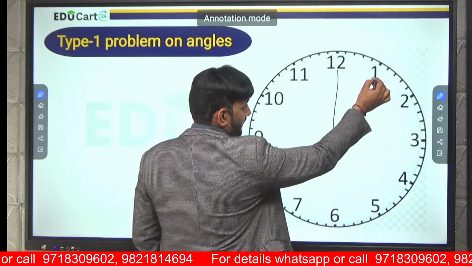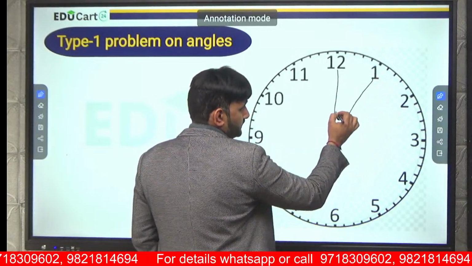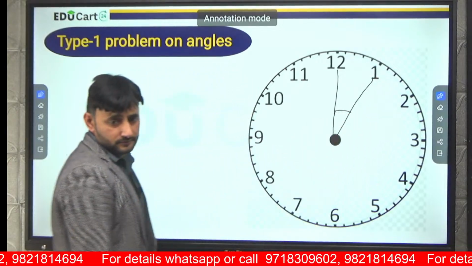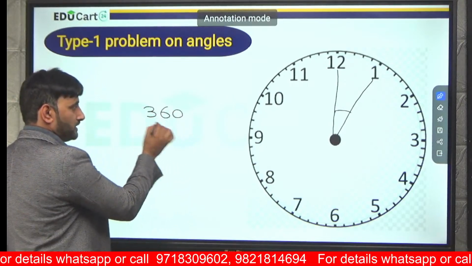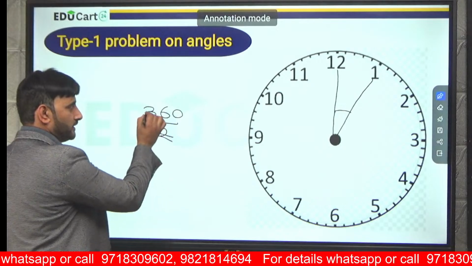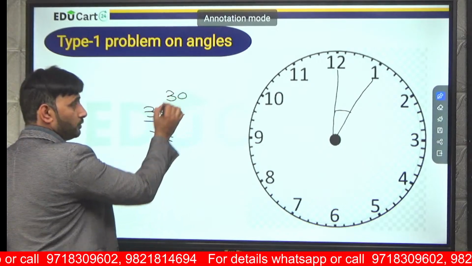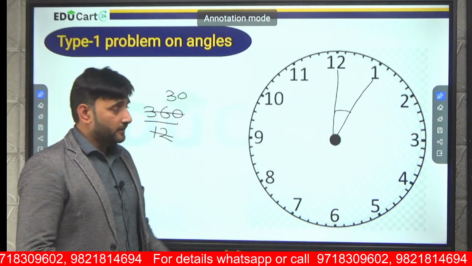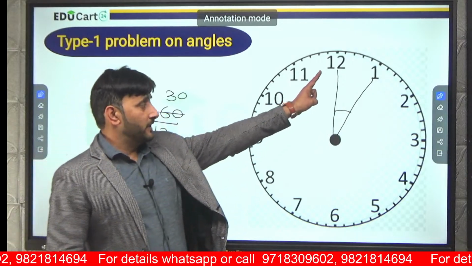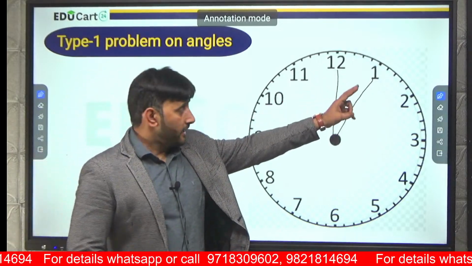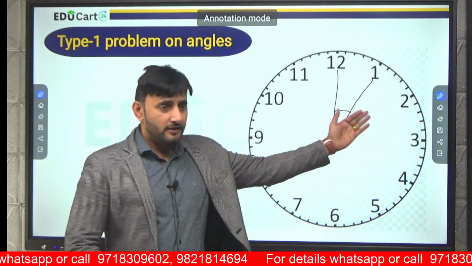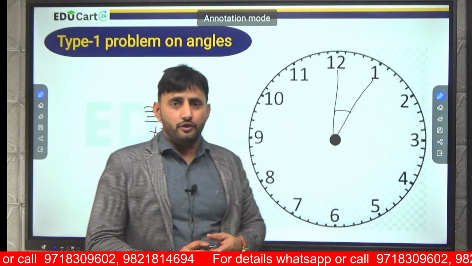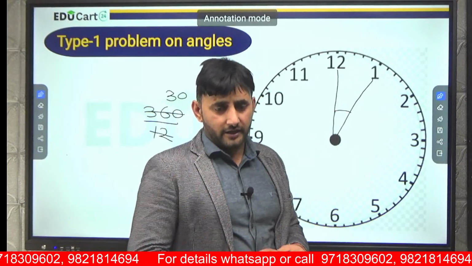So what is the value of one part? 360 degree angle divided into 12 parts, one part will be equal to 30 degree. I hope it is clear. Fine. So can I say the angle between 12 and 1 is 30 degree, angle between 1 and 2 is 30 degree, between 2 and 3 30 degree. So angle between every consecutive marking is 30 degree.